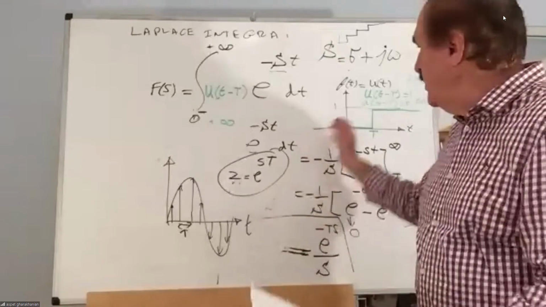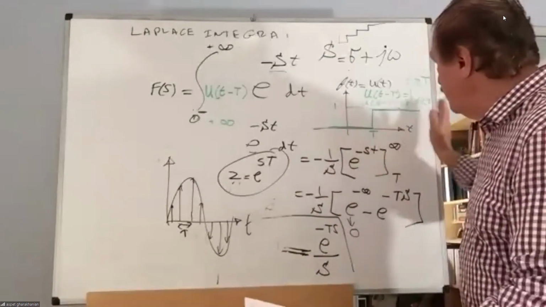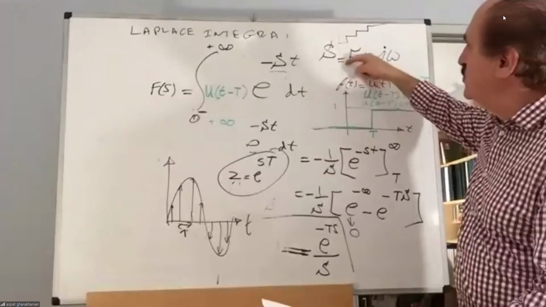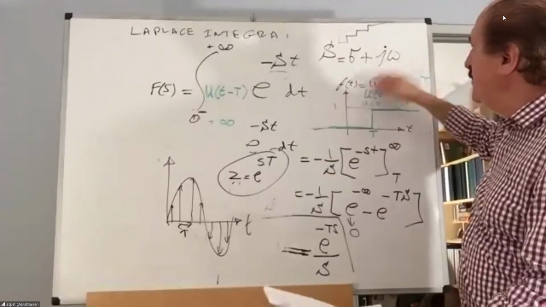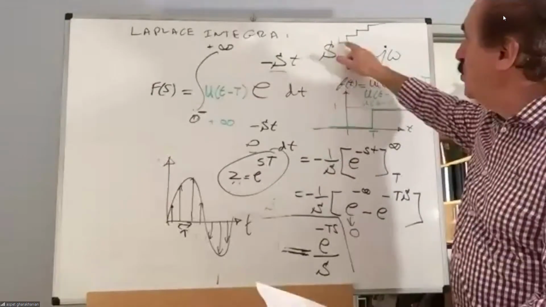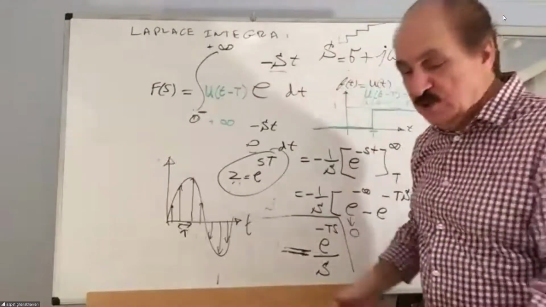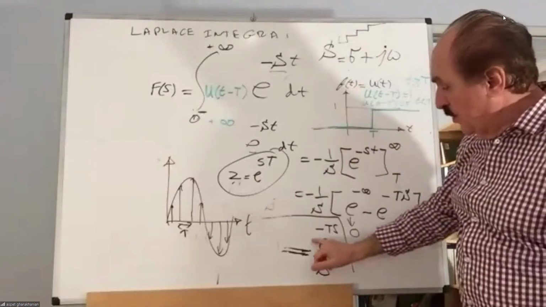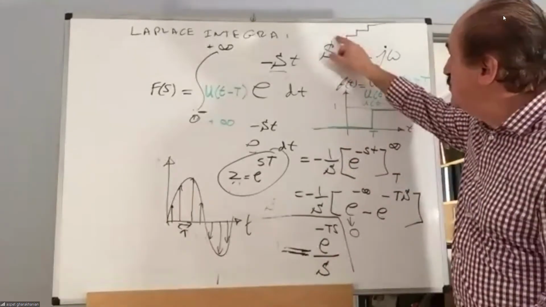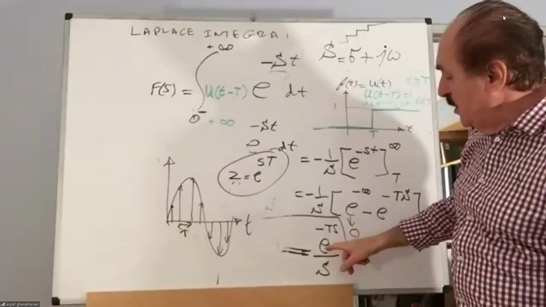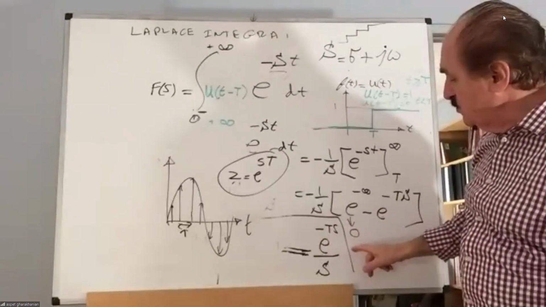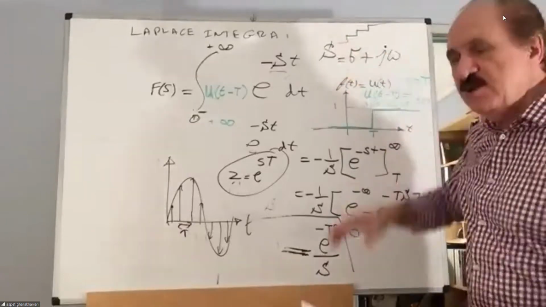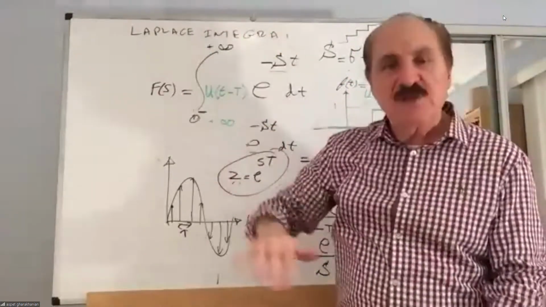If you had multiple steps, like this staircase, where a step adds, another step adds together, and you wanted to show that waveform in the Laplace domain, you simply take 1 over s for the first step, then 1 over s e to the minus ts for the next, 1 over s e to the power minus 2ts, if they were equally spaced from each other, and then you can construct the wave shape.